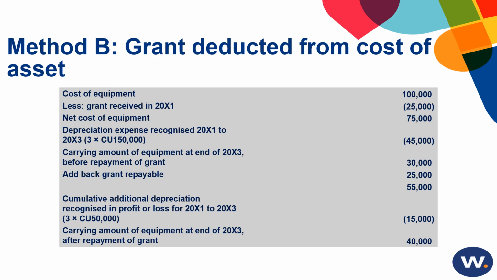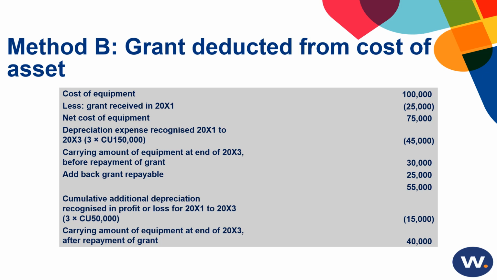Under Method B, this is now the method where the grant was deducted directly against the cost of the underlying asset. On day 1 in 20x1, the original cost of the equipment was 100,000 Rand. This was then reduced by the 25,000 Rand government grant, which brought us to a value of 75,000 Rand for the asset. Same facts as in Method A, the useful life is 5 years.